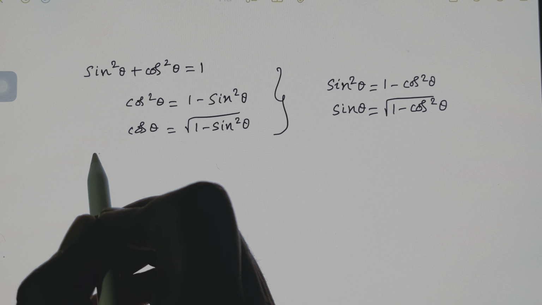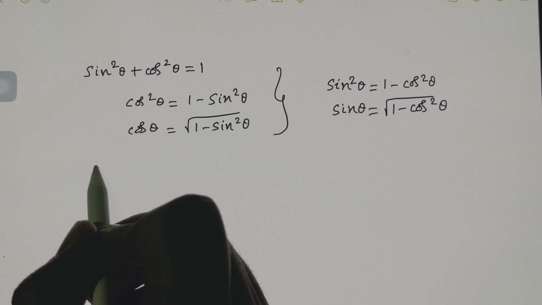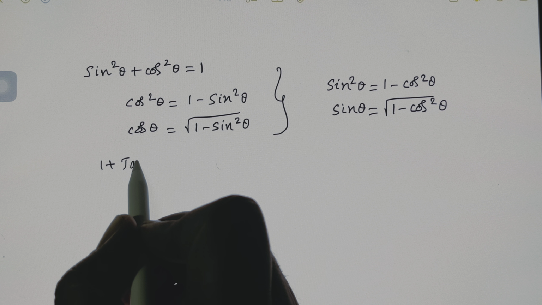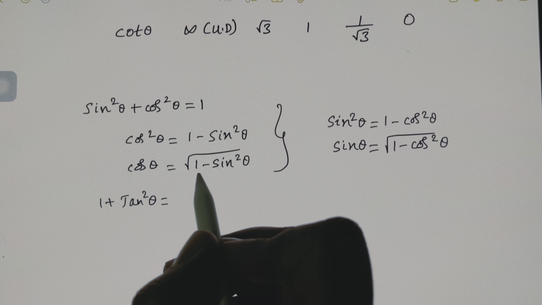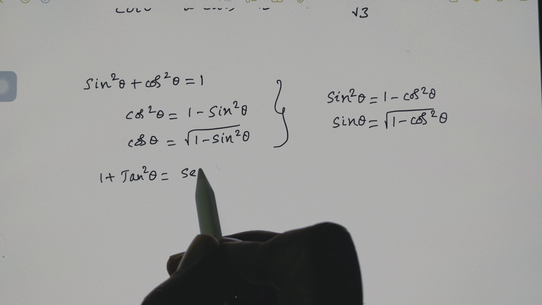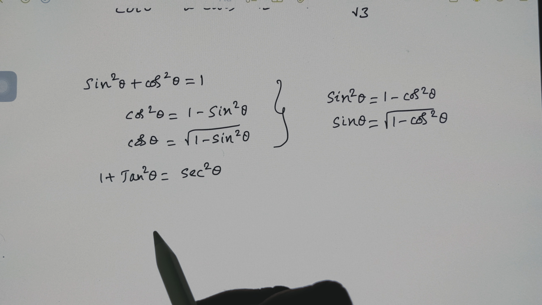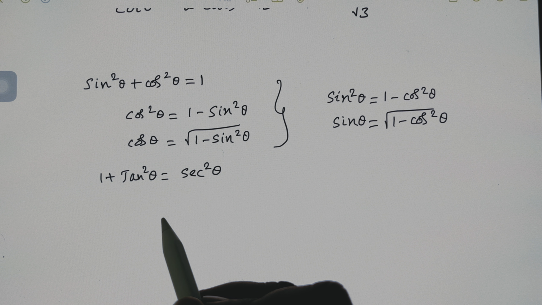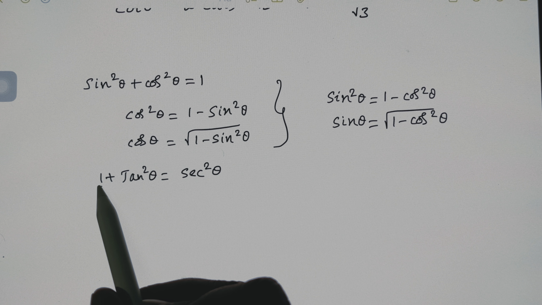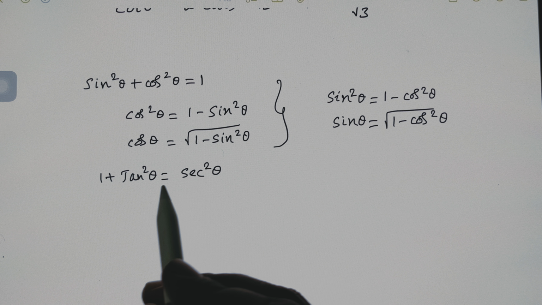Going to the second identity: 1 plus tan square theta equals secant square theta. You can shift 1 to the right side.